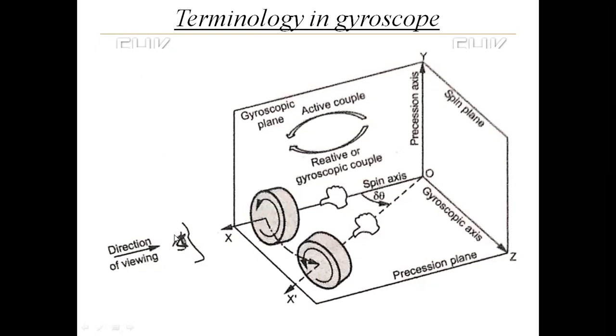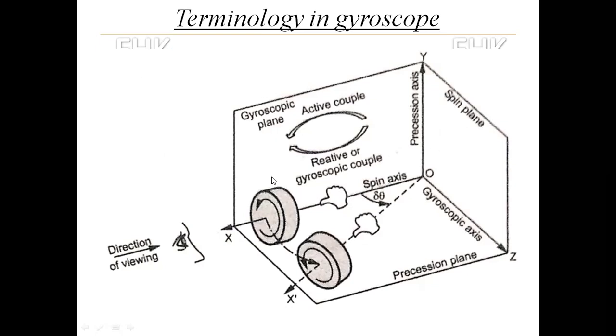This is the position in which you can see the actual rotation of the rotor, whether it is rotating in clockwise or anti-clockwise direction. So this becomes the position of the observer. From this direction you can see the actual rotation of the rotor. So the plane in which you can see the rotation of the rotor is called the spin plane.